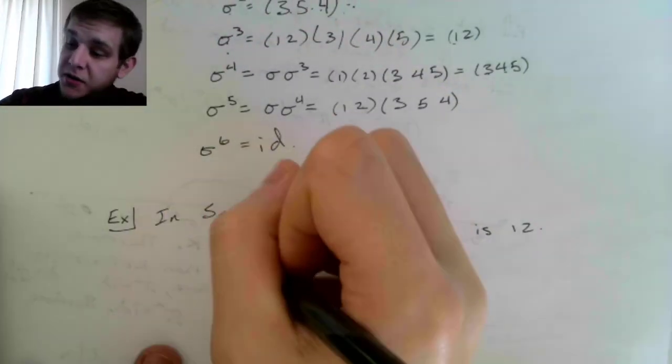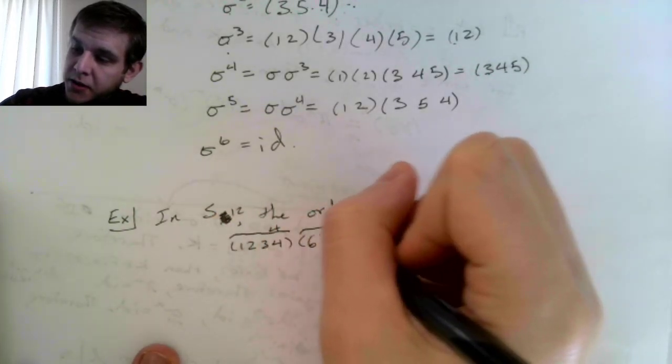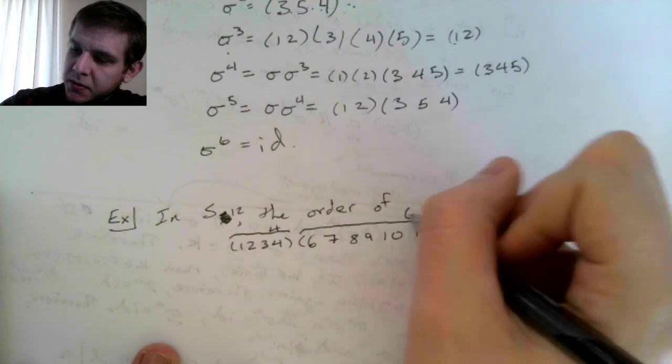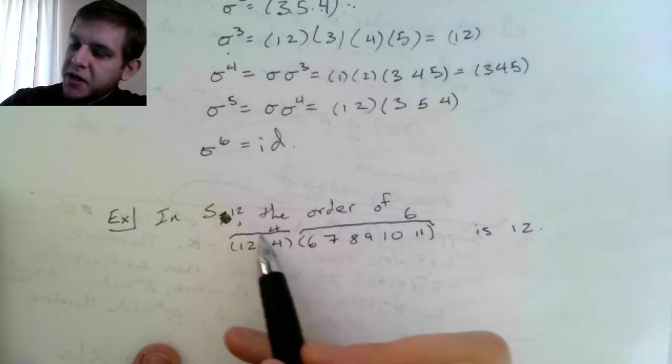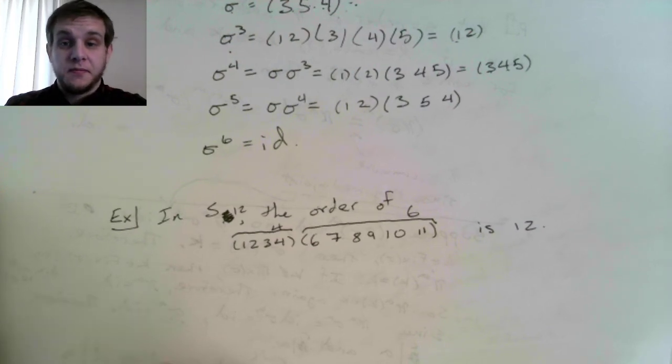Because here the length of my cycle is 4, and here the length of my cycle is 6. The least common multiple of 4 and 6 is 12.